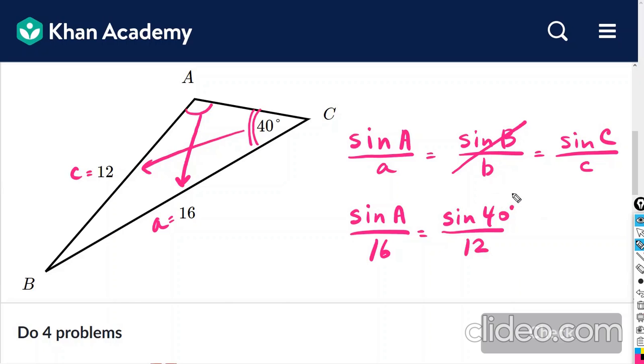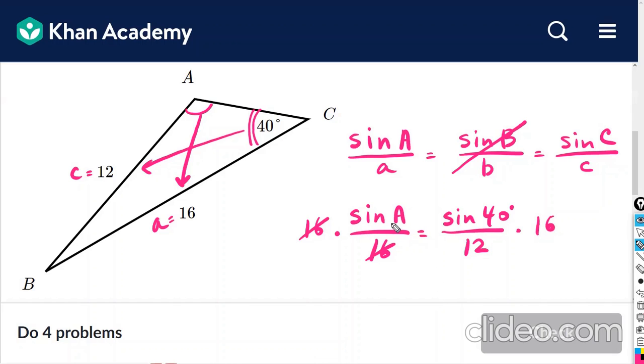And now you can either cross multiply or just multiply both sides by 16. And 16 over 16 cancels. And we have the sine of A equals this mess over here.